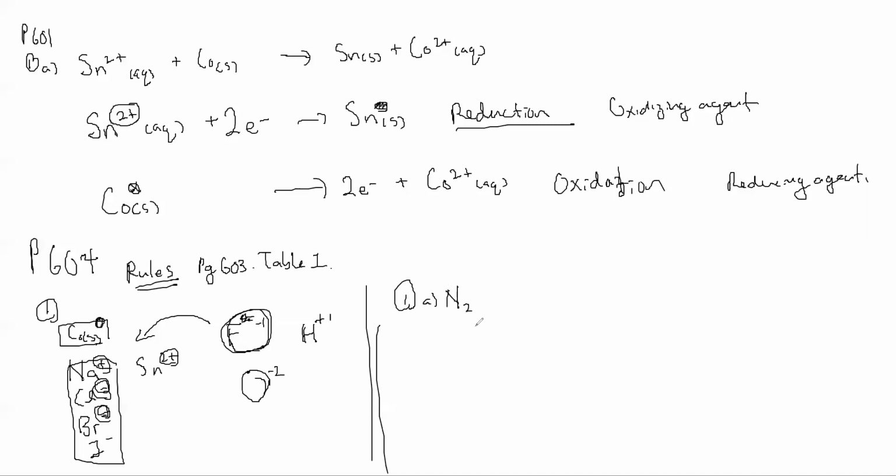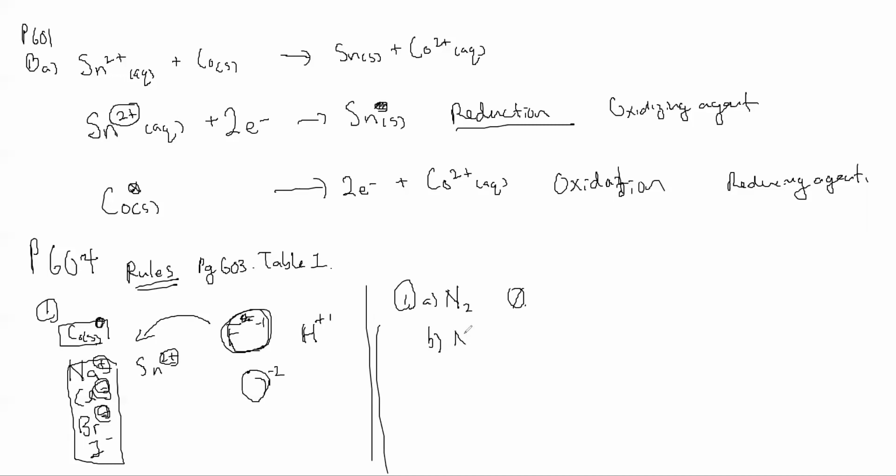Determine the oxidation number of nitrogen in each of the following substances. For nitrogen gas, the oxidation number would be just 0. Okay, there is no charge per se. They're equally shared. It's covalent. You don't have to worry too much. If you're a little bit confused, take a look at the first rule of table 1. An atom in an element is 0.